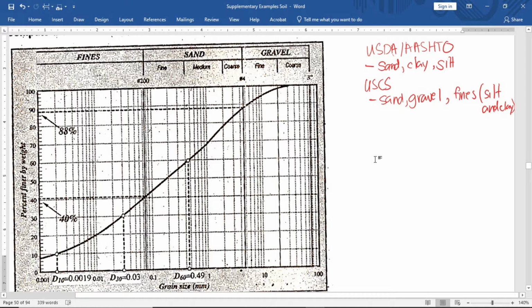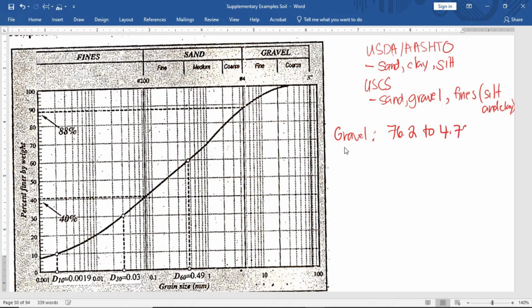So, tingnan muna natin ulit yung mga consideration pagdating sa USCS. Pagdating sa USCS, ang gravel is from 76.2 to 4.75 mm.